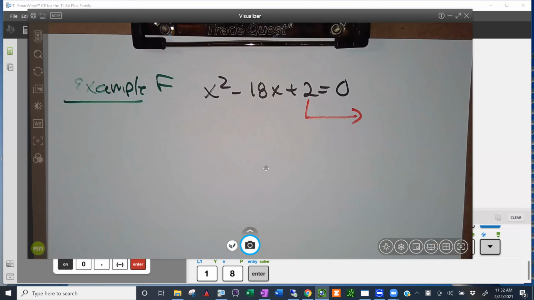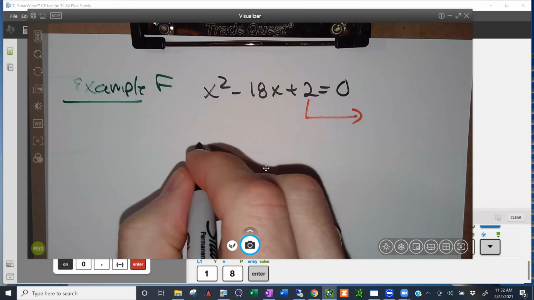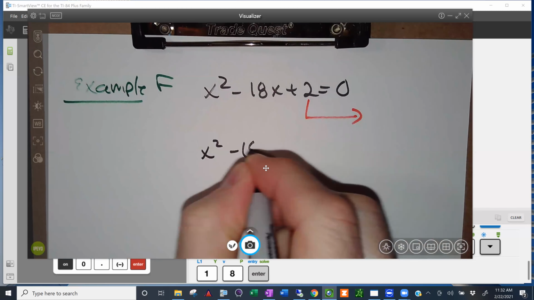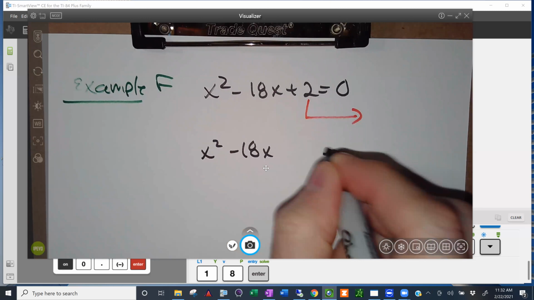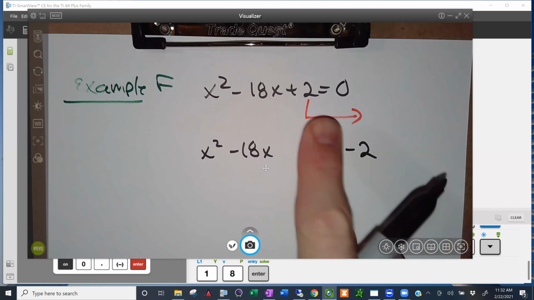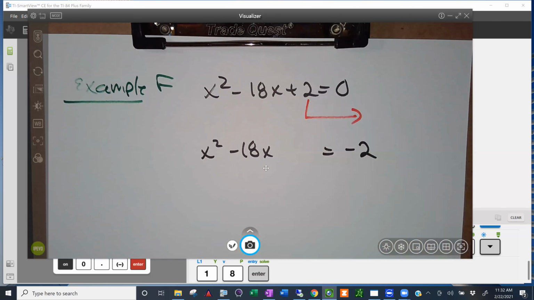Now, I'm just using this mostly as an example of completing the square. But like I say, you do have one where you're asked to solve by completing the square, and this would be it. When I move that 2 to the right-hand side, it changes signs.